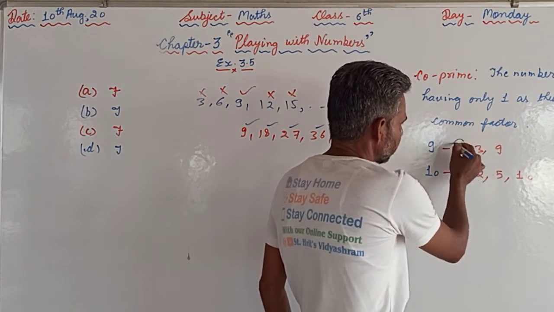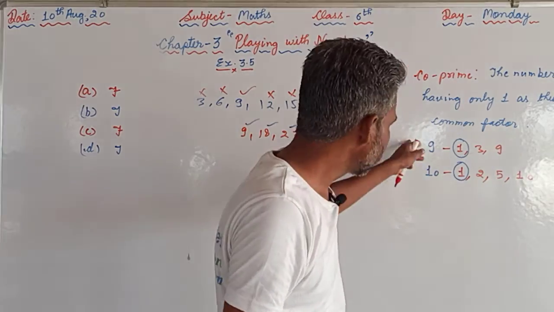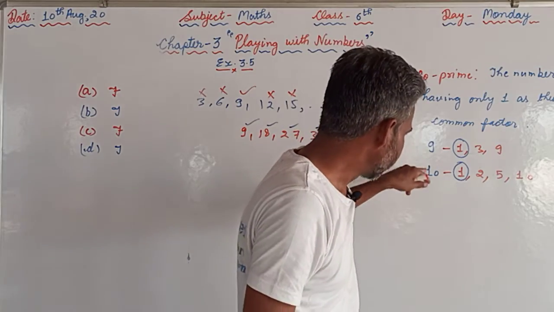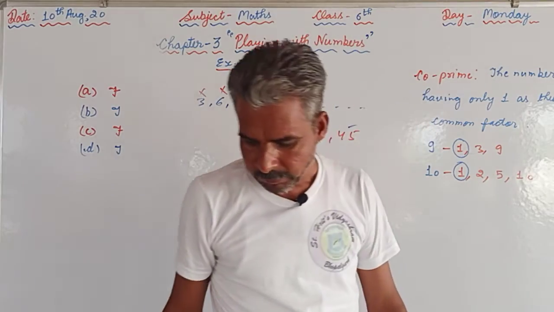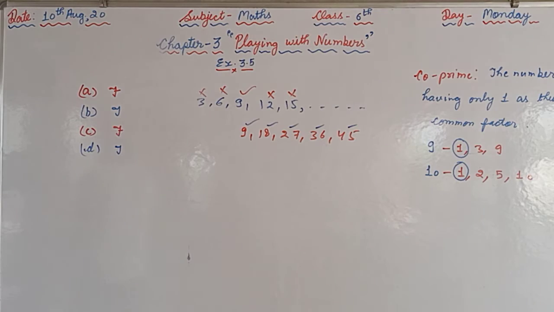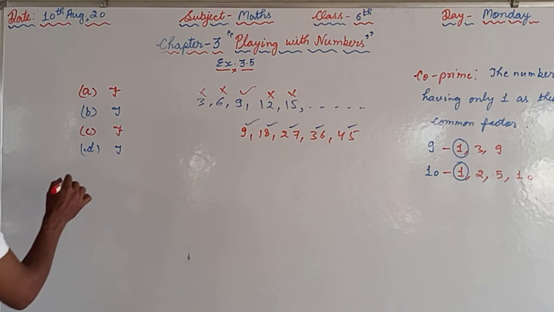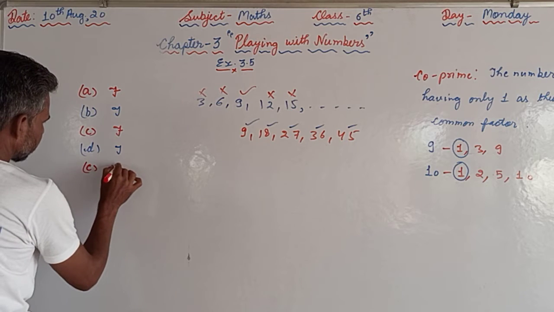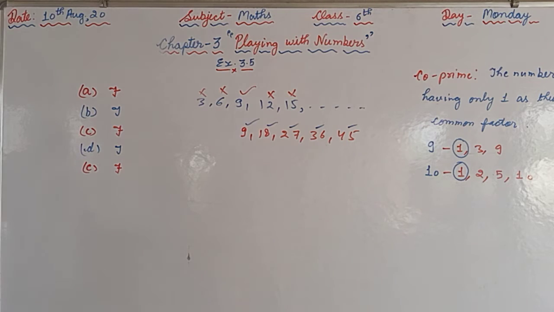Only 1. So these are co-prime, and 9 as well as 10 both are composite numbers. So that's why this statement is false, that is E is false.